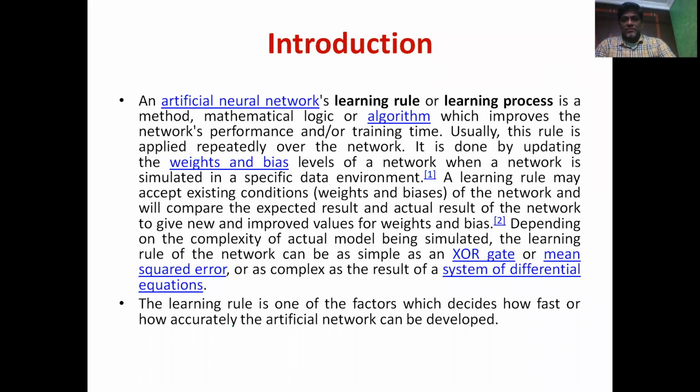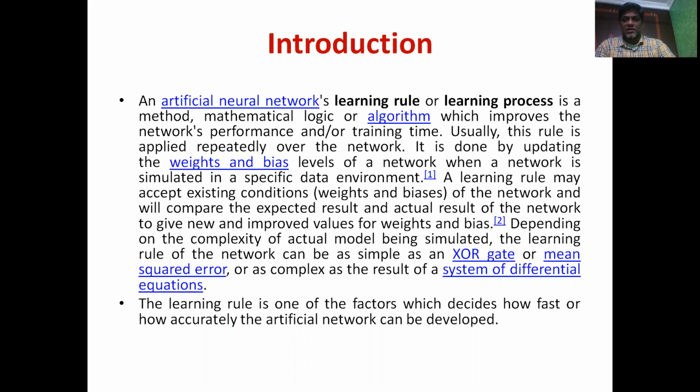Let us start with why we need these learning rules, what these learning rules are, and how they are going to help us while designing the neural networks. A learning rule or learning algorithm is a method or algorithm or mathematical logic which improves the network's performance or training time.